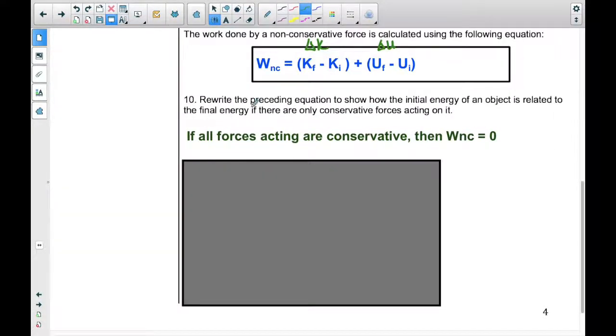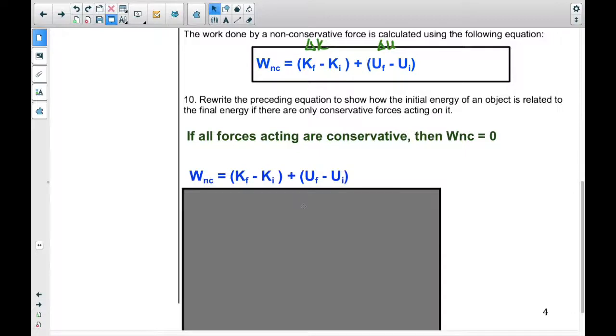Okay, this next section says, rewrite the preceding equation to show how the initial energy of an object is related to the final energy if there are only conservative forces acting on it. So in other words, if all of our non-conservative forces add up to 0, then what happens to this equation? Well, if they're all conservative and non-conservative is 0, then we can plug a 0 in over on the left-hand side.